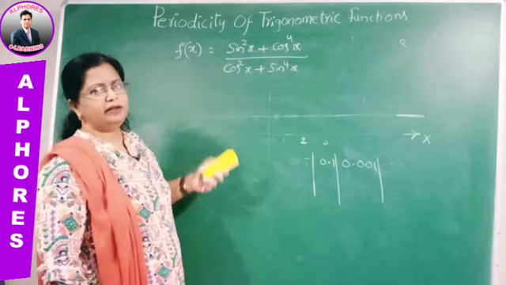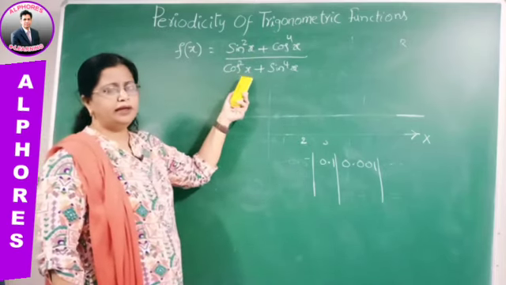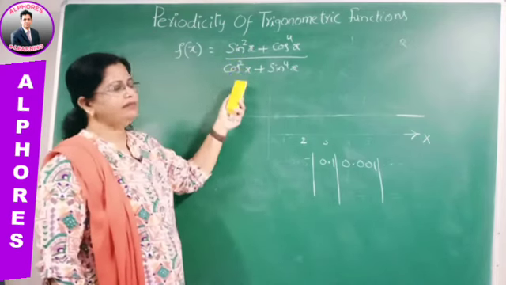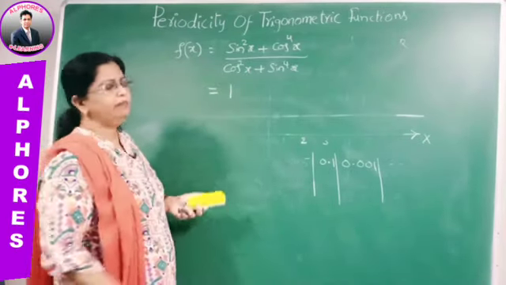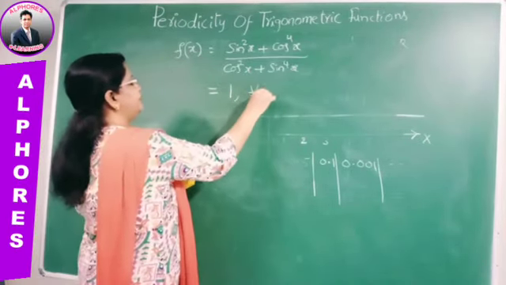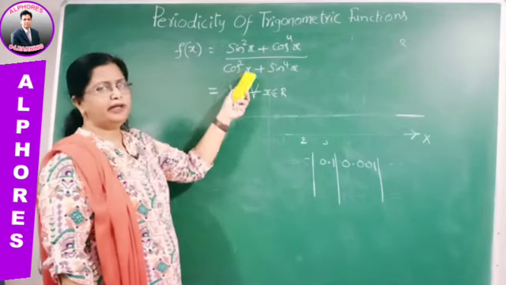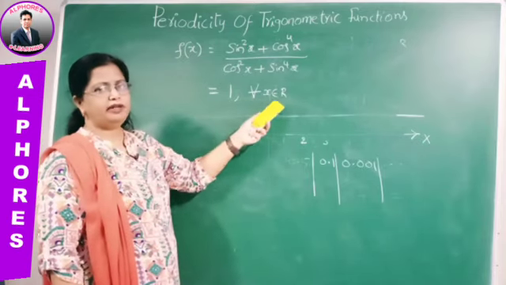Now clearly you know this numerator is the same as the denominator. In conditional identities also we have done transformations, and we have observed this in many ways. So this is equal to how much? 1, moreover for every real number. Understand? Therefore, this function is completely a constant function for all x belonging to real numbers.